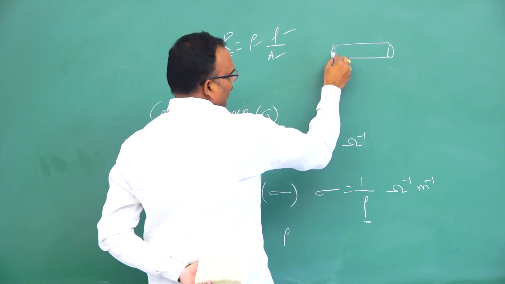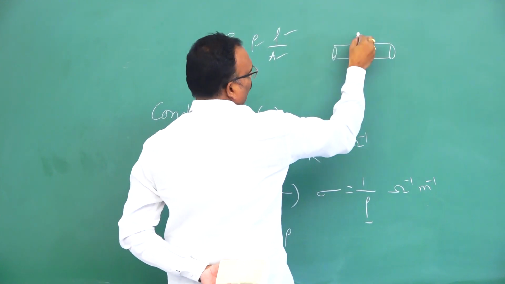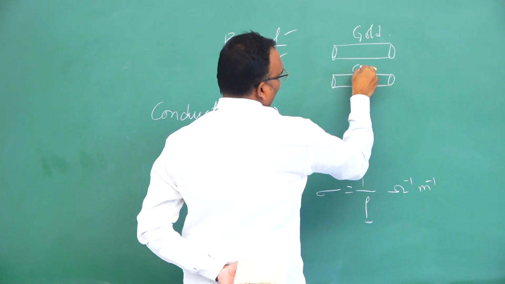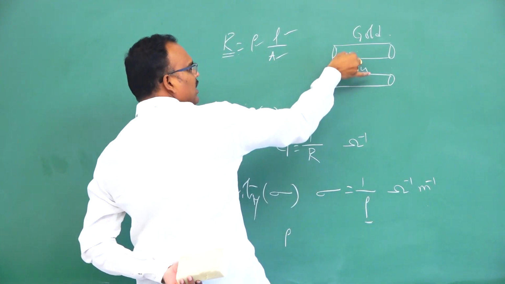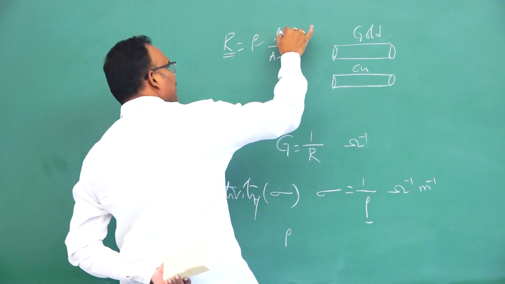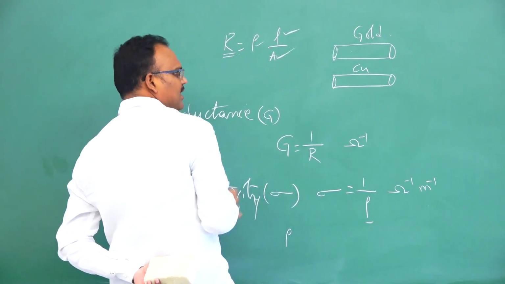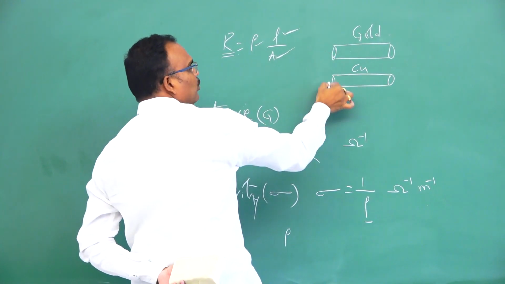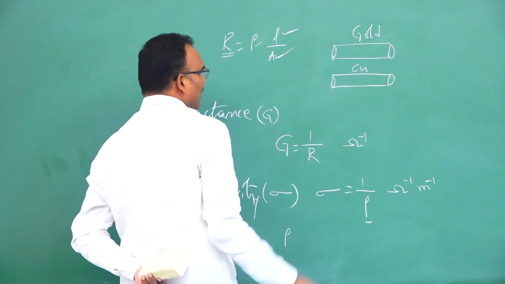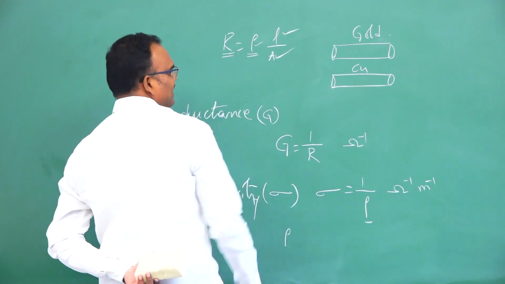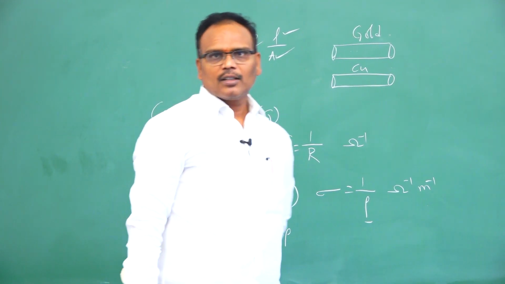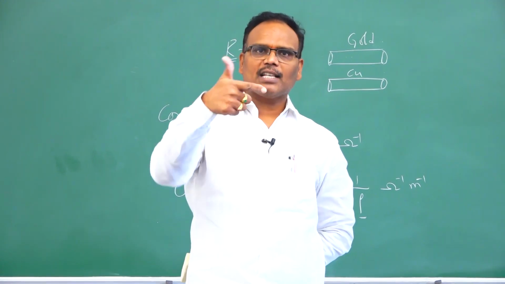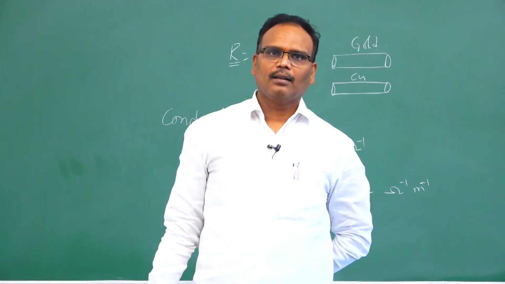For example, if you take two identical wires, one made up of gold, another made up of copper, length same, area of cross section same, but different material. That means these two do not have the same resistance, because resistivity is different for both wires. So that's why resistance of a given conductor depends on its dimensions as well as the nature of material.